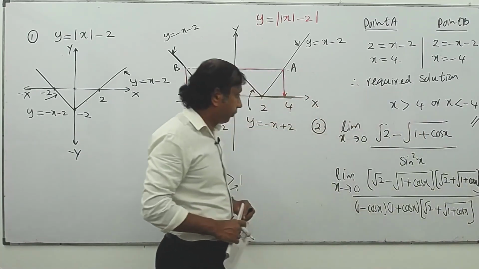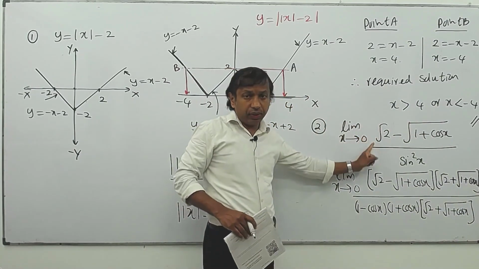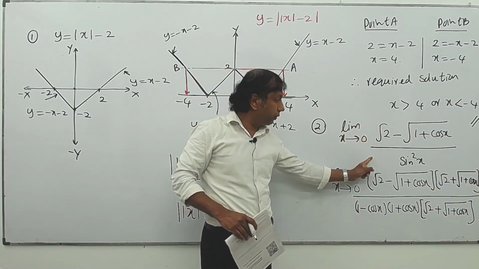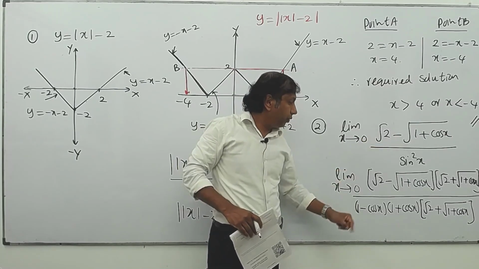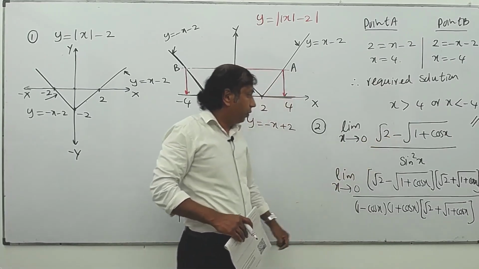Correct, no? I multiply this numerator and denominator both by the conjugate of this, root 2 plus root 1 plus cos 6x.